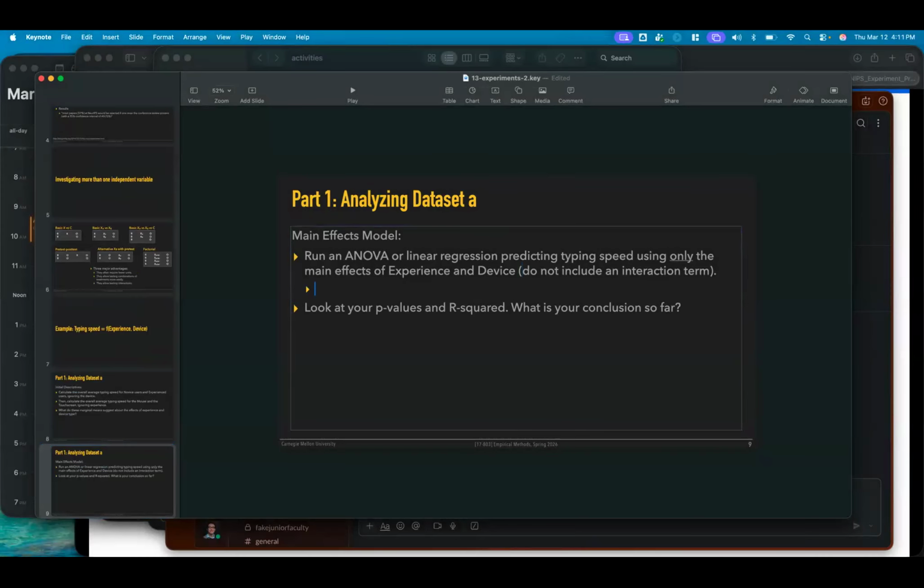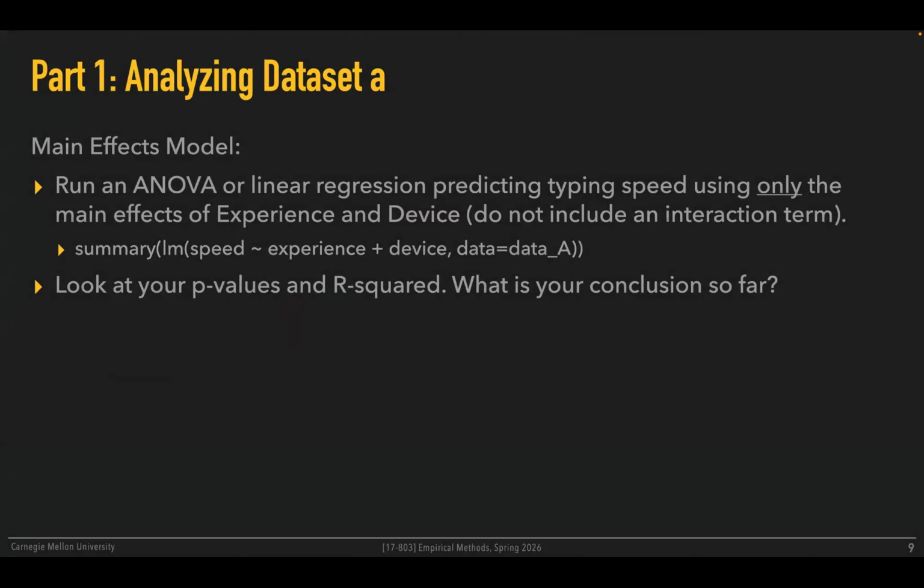If you're doing this in R, you could do something like lm(speed ~ experience + device, data = data_A), and then summary of this thing, with data equals whatever your data frame is called. I don't know what the Python syntax is, but something like this in R should work with the right names of these columns and data frame.